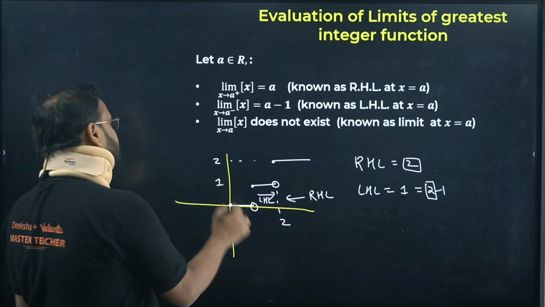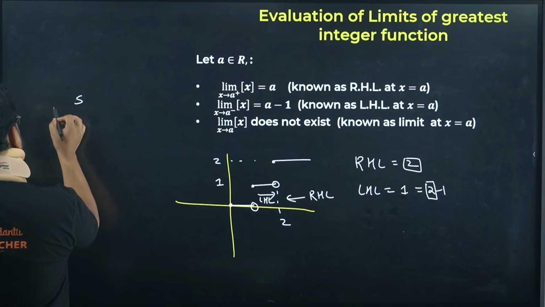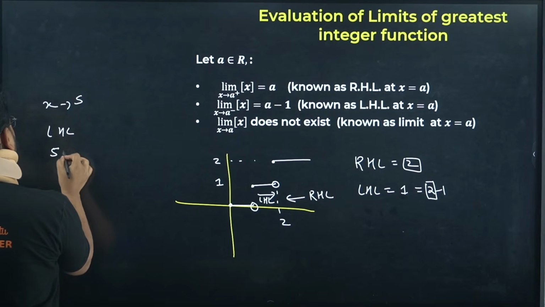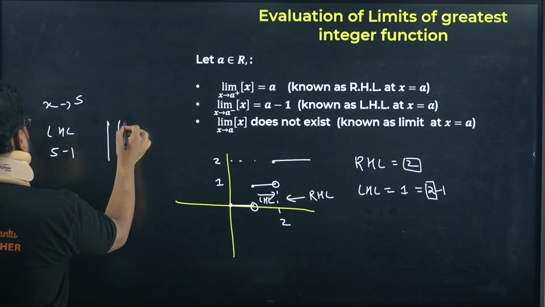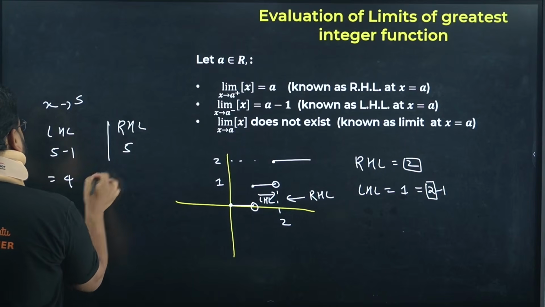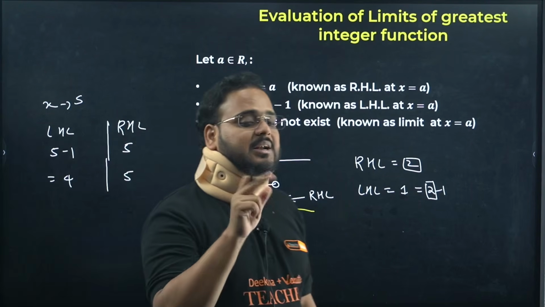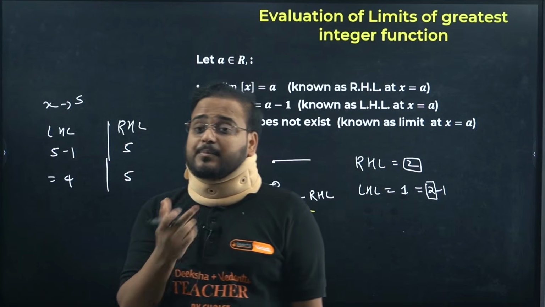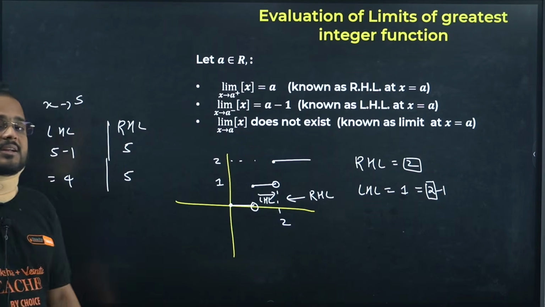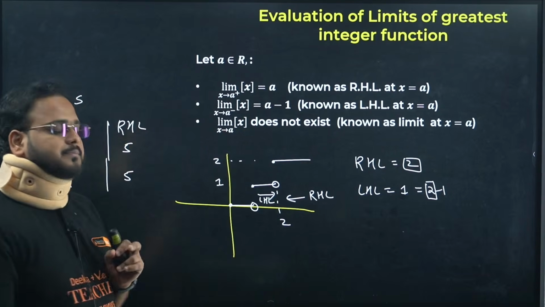Okay, so let's say when x tends to 5, the LHL value will be what, sir? 5 minus 1, and the RHL value will be what, sir? 5. This is 4 and this is 5. Clearly in all these cases the left hand limit and right hand limit are separate. They are separate. So of course you can say that they are not equal, so the limit does not exist.